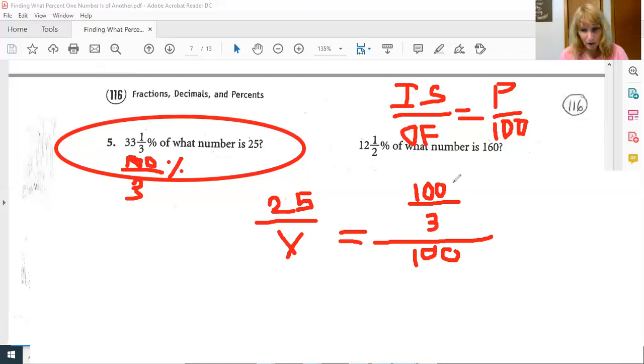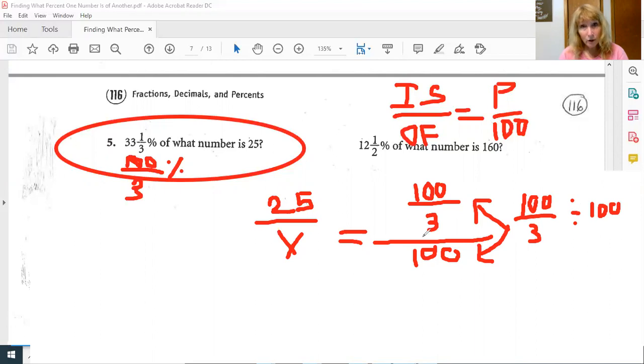But before I do that, I'm going to reduce this whole piece here. So what I really have in this part here, what I'm really saying is 100 over 3 divided by 100. Right? Because that's what a fraction means.